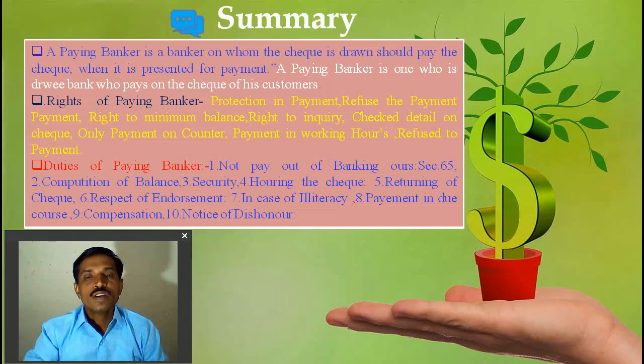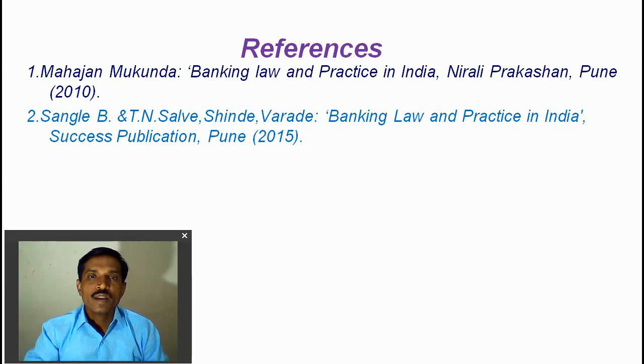In case of an illiterate person, the left hand thumb impression and witnesses are demanded by the bank, which is a duty of the bank. Payment in due course: compensating the customer when by mistake the bank pays the money to others and any damage is caused to the customer's credit. And notice of dishonor: whenever the check is dishonored, the bank has a duty to inform their customer.